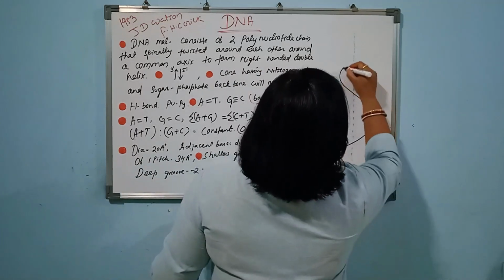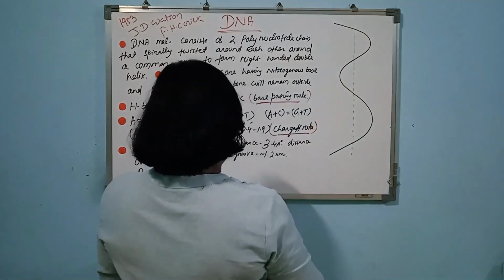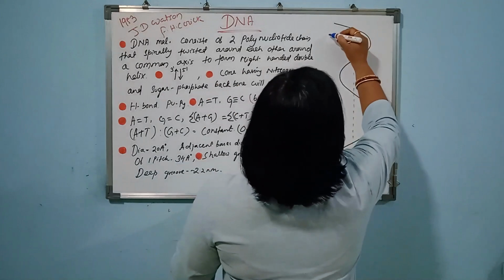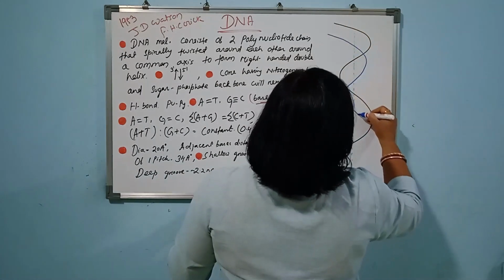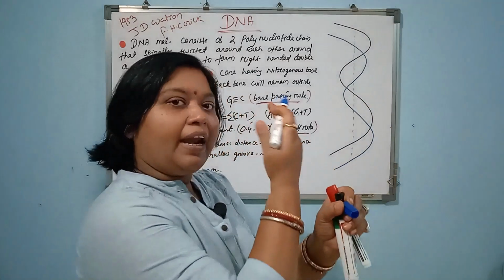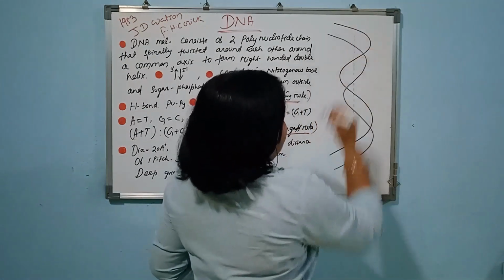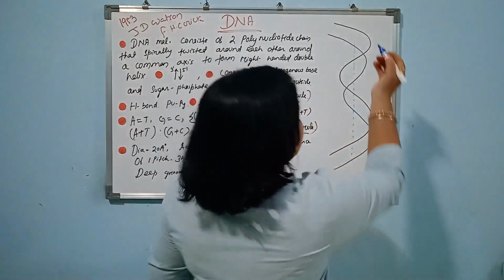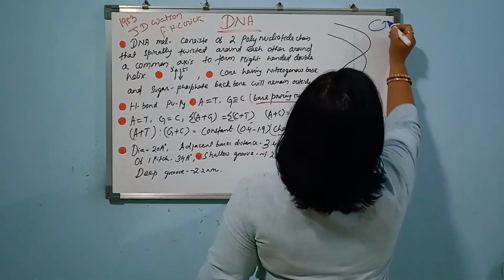This one is a nucleotide chain. This one is another nucleotide chain. They twist around each other, they turn around a common axis. In a right-handed way, in this way, they turn around the axis.